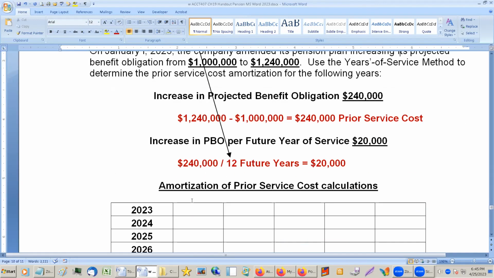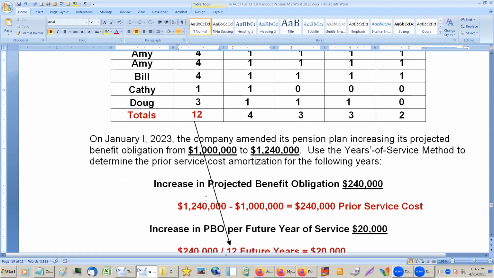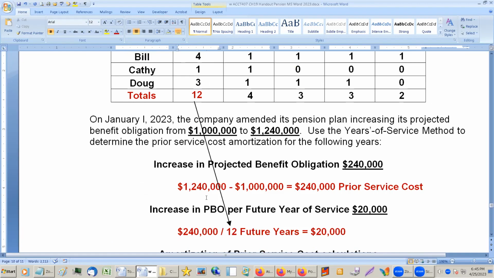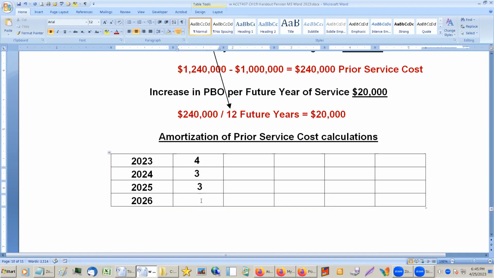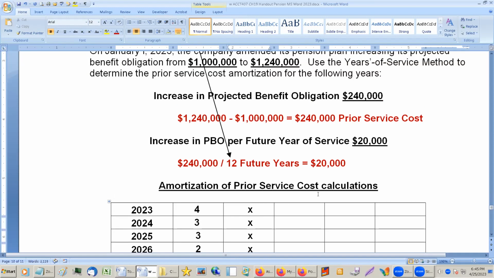So 2023, there's going to be 4. 2024, there's going to be 3. 2025 is 3. 2026 is 2. Why am I not lining up? Okay, there we go. We're going to multiply those by 20,000.